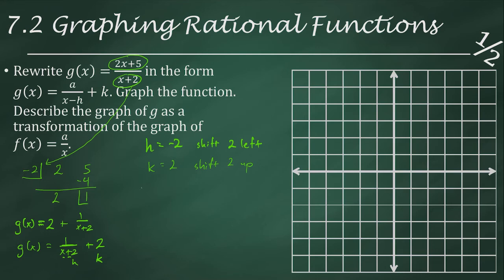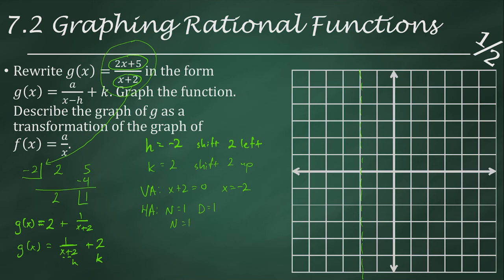More interestingly, a vertical asymptote. Take your denominator, make it equal to 0, and you end up with x equals negative 2. Put that on my graph. And our horizontal asymptote, if we look at the original function up here, the degree of the numerator is 1 and the degree of the denominator is 1.